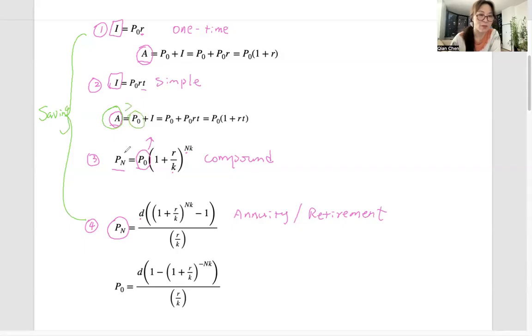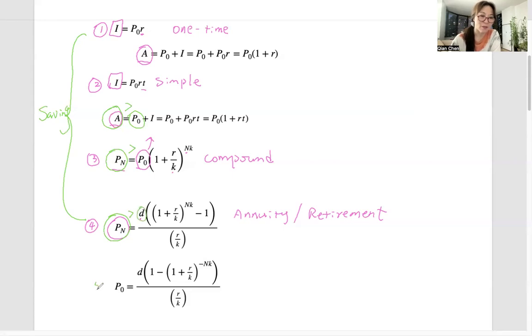Your amount of money after you get interest is more than your initial investment. Same thing here: after n years, the money you're getting back is much greater than your initial investment. Same thing here: you saved up for your retirement for n years, and it's much bigger than your deposit.